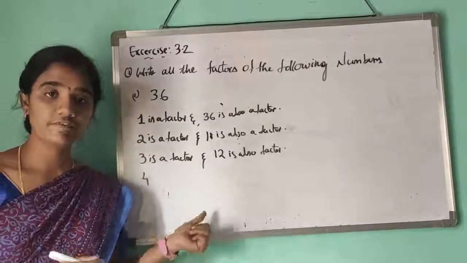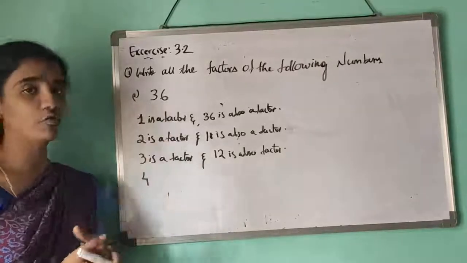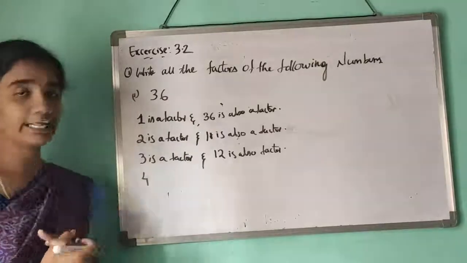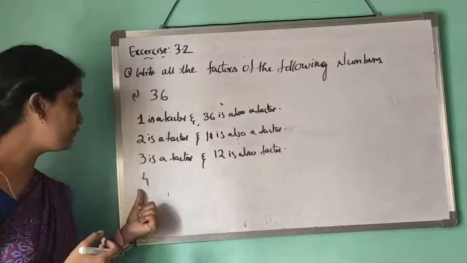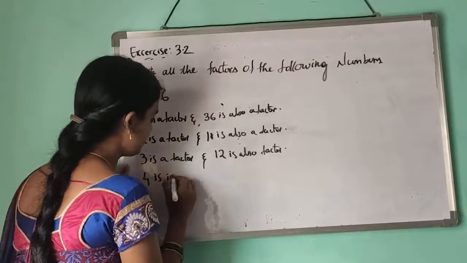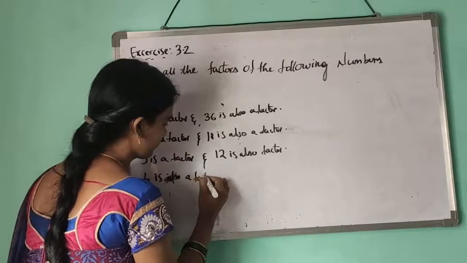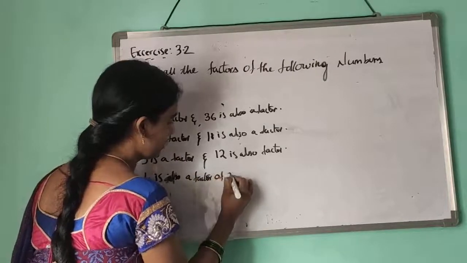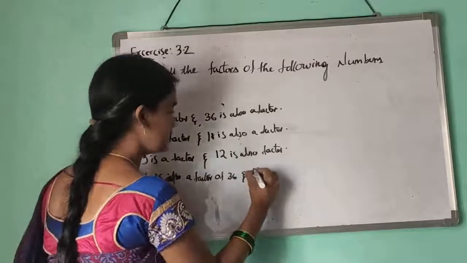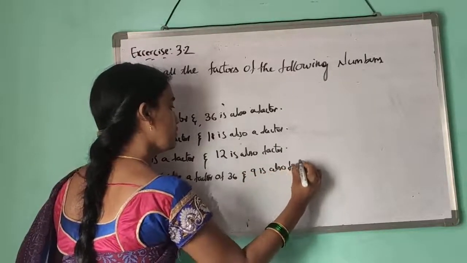4 is a factor of 36, because 4 divides 36. How many times? 9 times, 9 fours are 36. So 4 is a factor of 36, and 9 is also a factor.